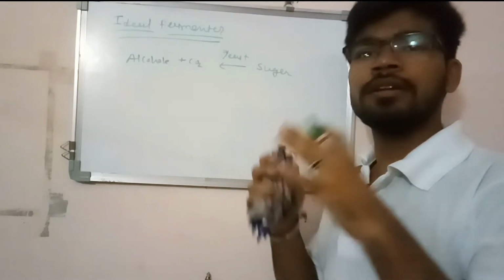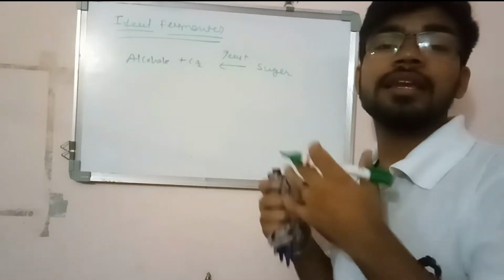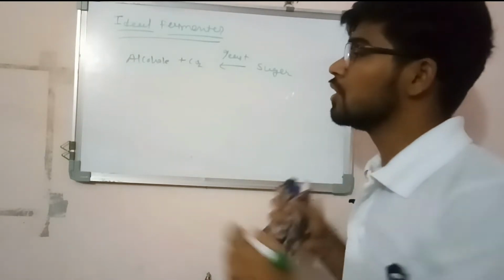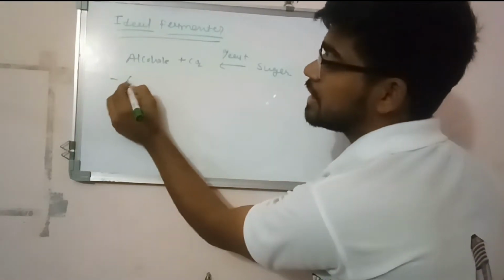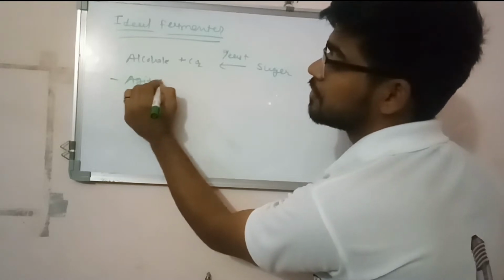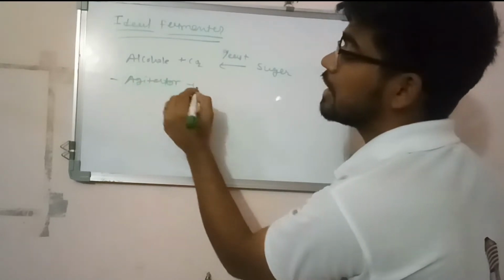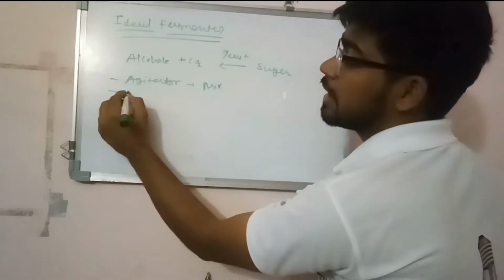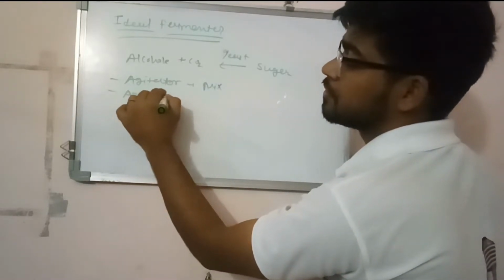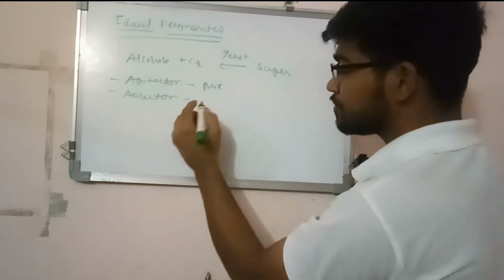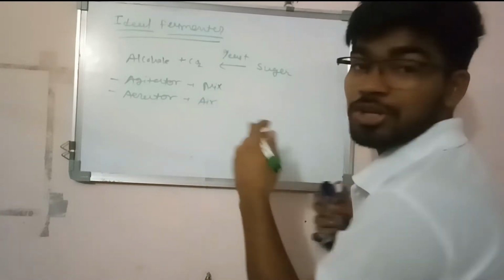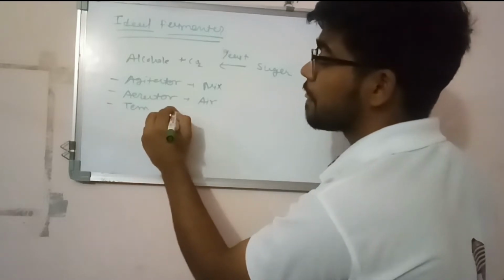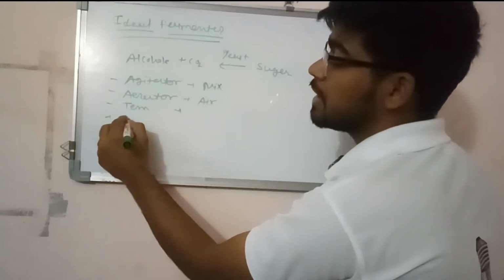So an instrument we can call an ideal fermenter should have some characteristics. It must contain an agitator to provide mixing, an aerator by which pure air is circulated into the fermenter, a proper temperature, and a proper pH.